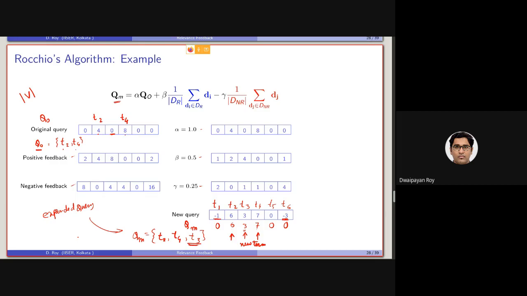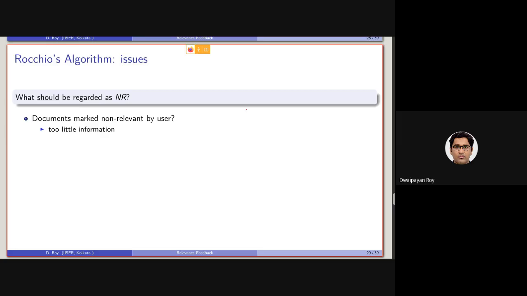Now again, let's consider this formula. Consider this NR. What should be regarded as NR? As we were saying some time back with a very simple example, shall we consider only the documents marked as non-relevant by the user as NR?